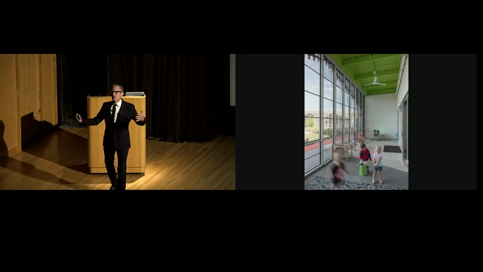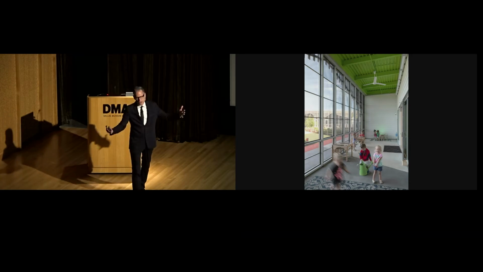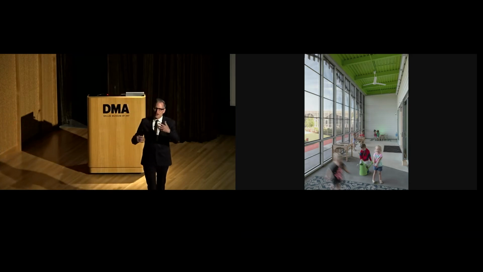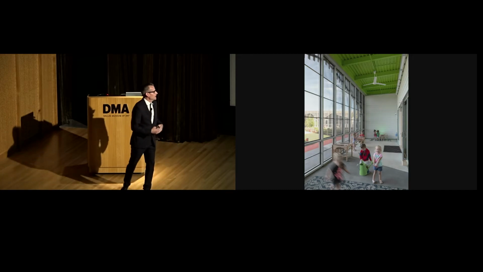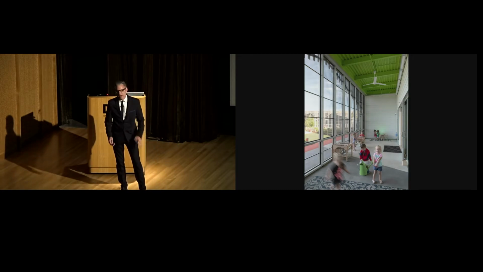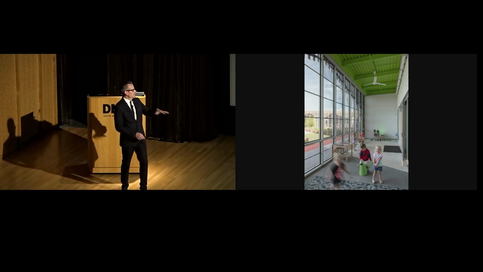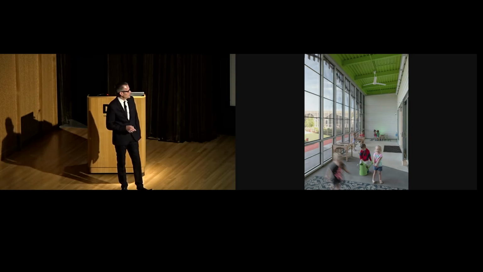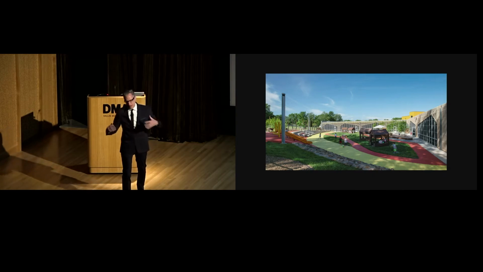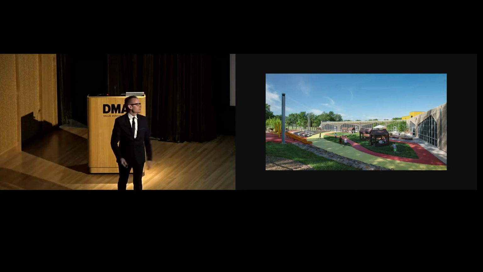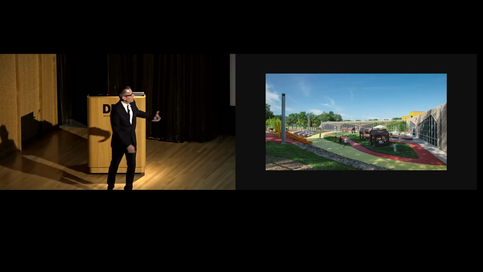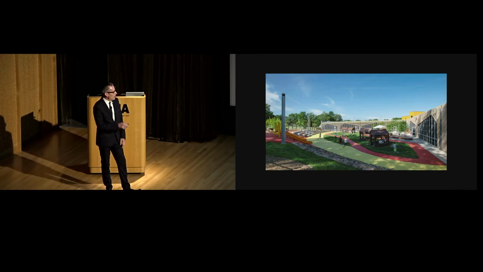And this, for us, was one of the best parts about the project, this interstitial space that allowed kids to go outside while still being effectively within the limits of the screen, within the control of the teachers.